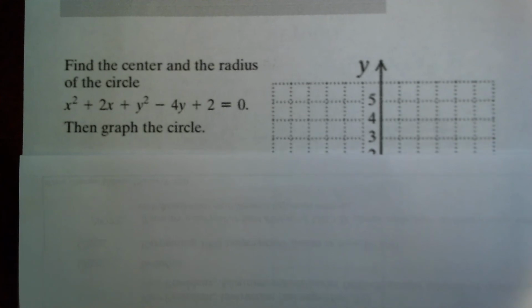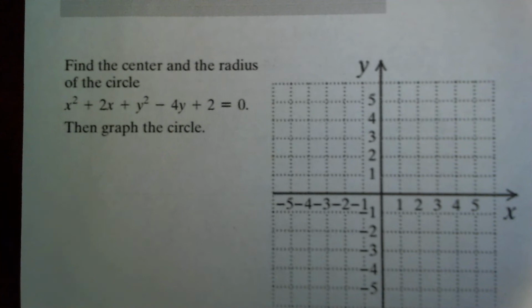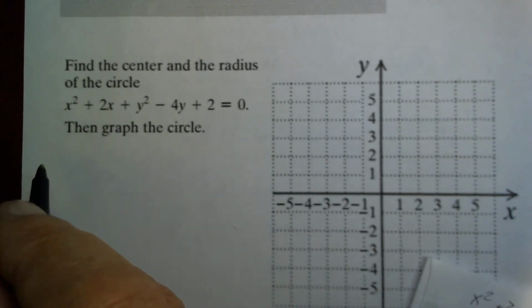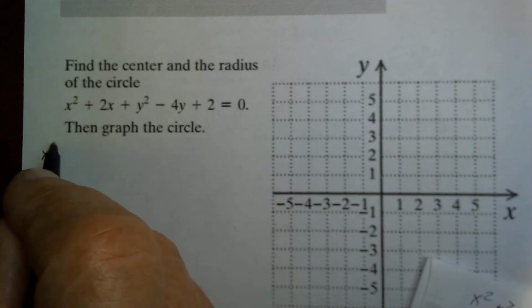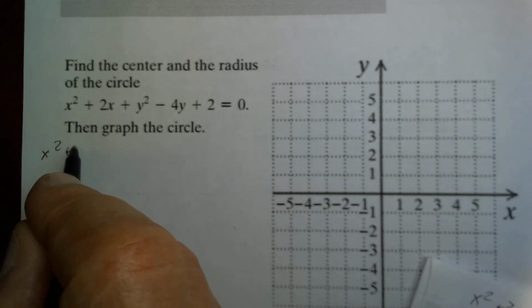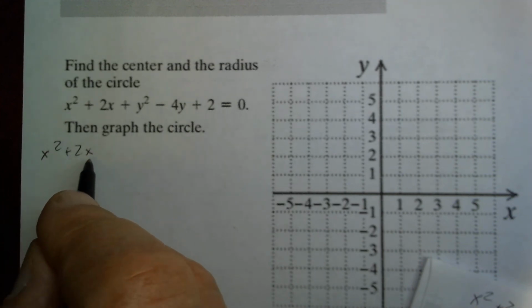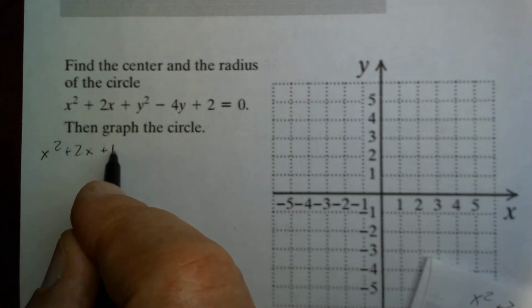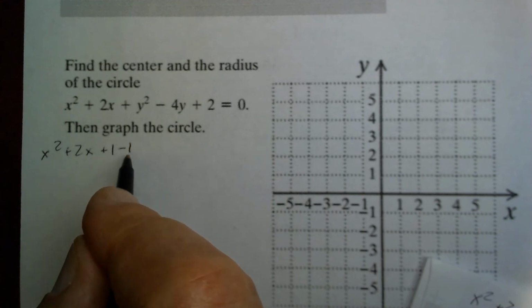So here we're given the equation of a circle, not in standard form, but we can rewrite that in standard form and then graph the circle. We can write the standard form of the circle by completing the square. So we have x squared plus 2x. We divide the 2 by 2, that would be 1, squared, or 1. Of course, we have to subtract it also, minus 1.